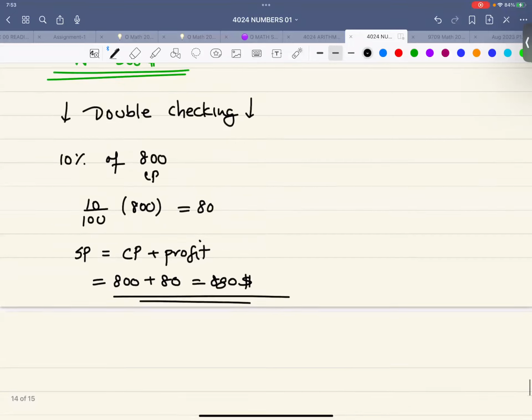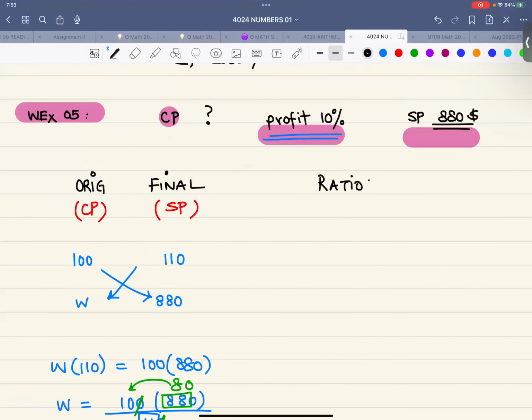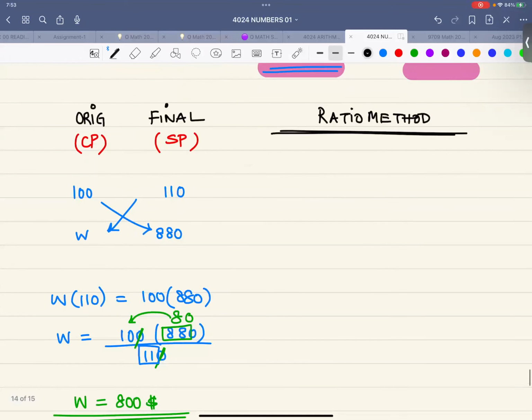Is this method clear? Again, we are using the ratio method. The only difference is that in the previous two examples we were given the original price and we found the final price. This time the final price is given, and we are finding the original price. That's all about it.